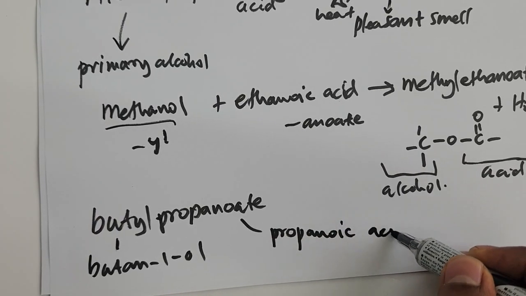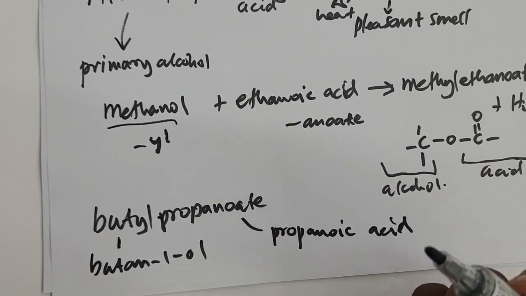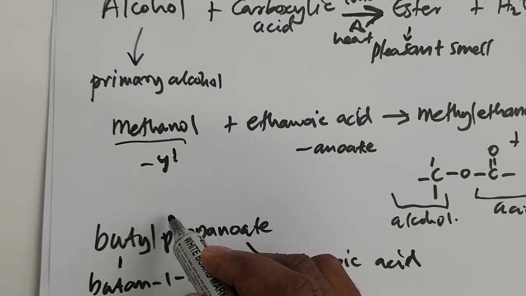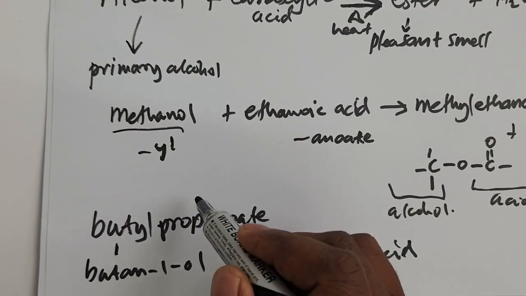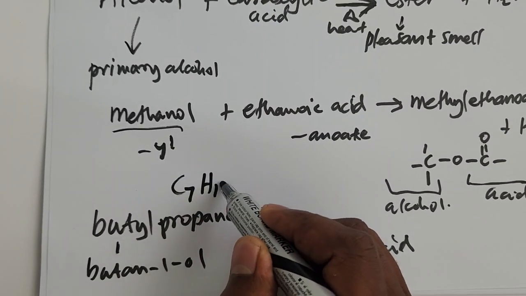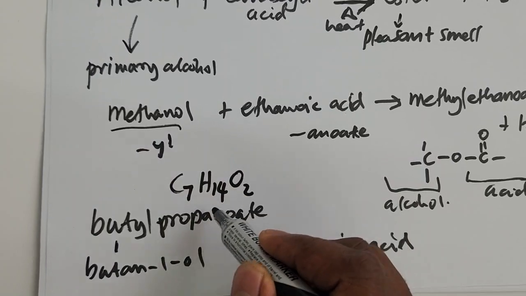If you want to write the molecular formula of this ester, then 4 plus 3 is 7, it will be C7H14O2.